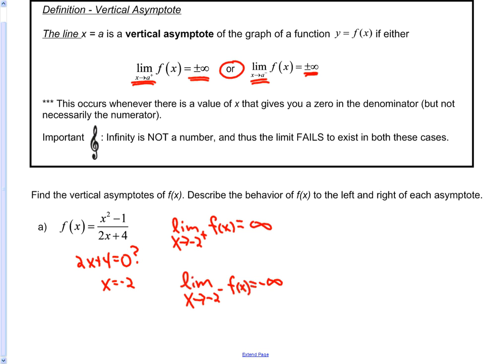So to describe the behavior of f of x to the left and to the right of each asymptote, here to the right, so that would be x approaches negative 2 from the right, f of x increases without bound.